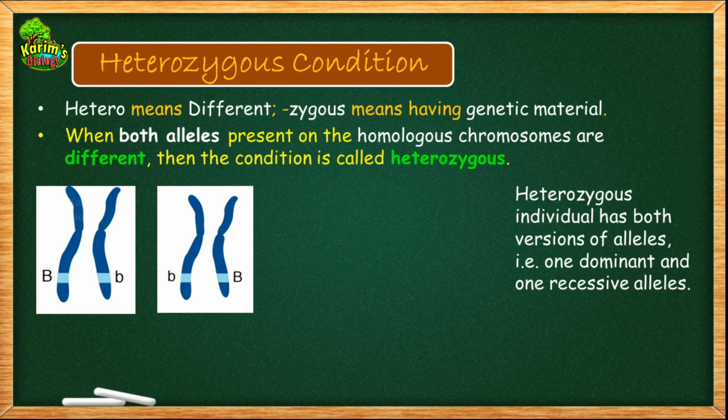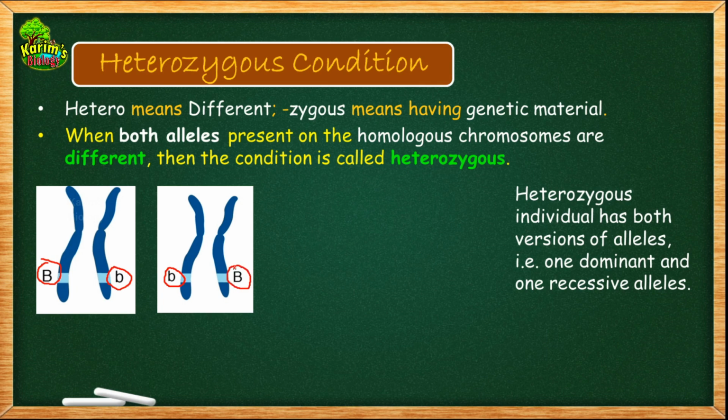Heterozygous individuals have both versions of alleles, that is one dominant and one recessive allele. I hope that it is clear for you why this is called heterozygous condition, because one is the dominant version of a gene, and the other one contains the recessive version of the same gene. So here the first chromosome contains the recessive version of the gene and the next chromosome contains the dominant version of the same gene.